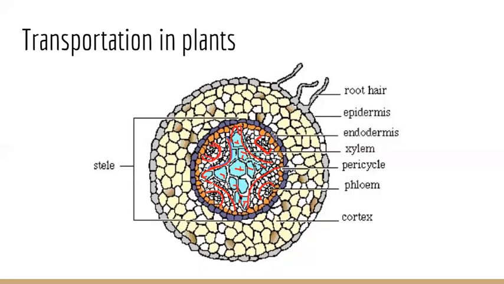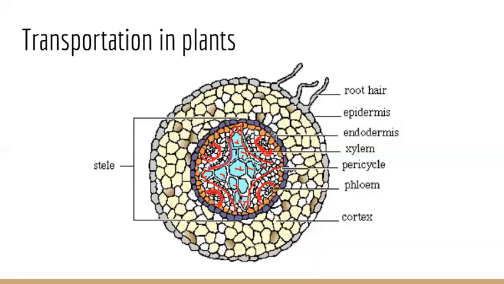Phloems are here between each ray of this star or X-shaped structure. And if we talk about their functions, the xylem, that blue structure, is in charge of transportation of water and mineral salts, which the root absorbs from the soil, to all parts of the plant.